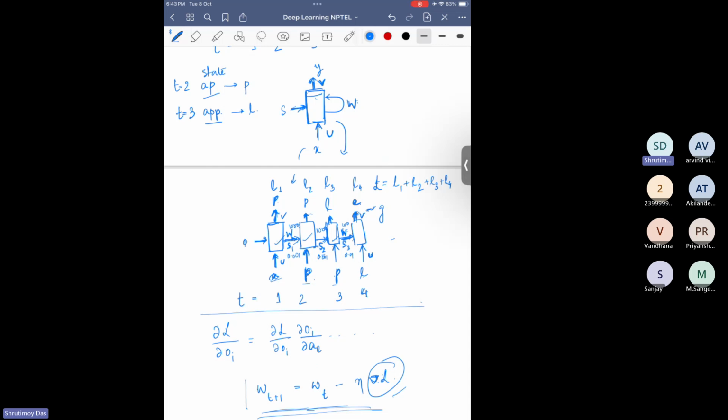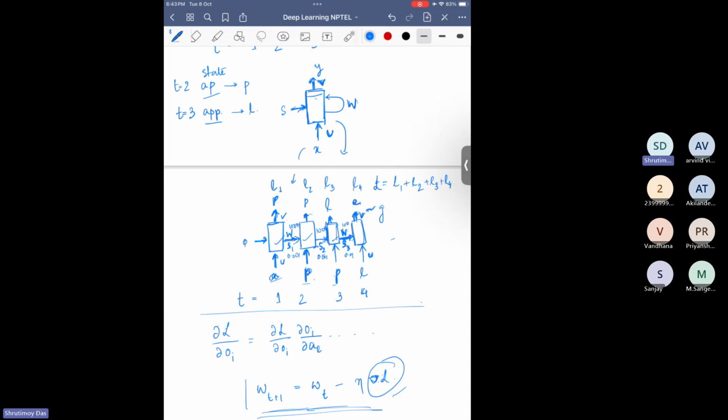Because these weights V and U are shared, they will be updated easily because they just depend on the current input that you have. But if I look at W, this W depends on the state which was coming before it, right? So for this step, this W depends on the state S3.